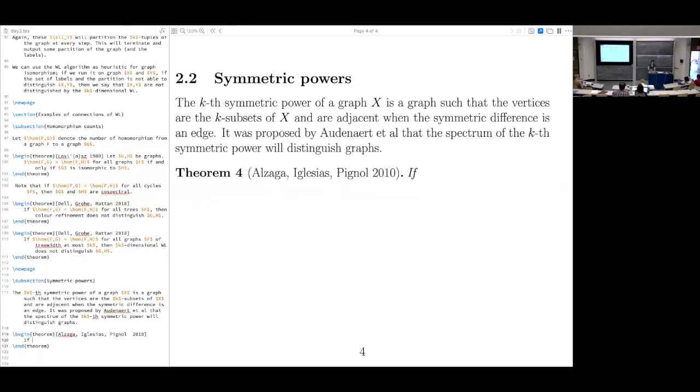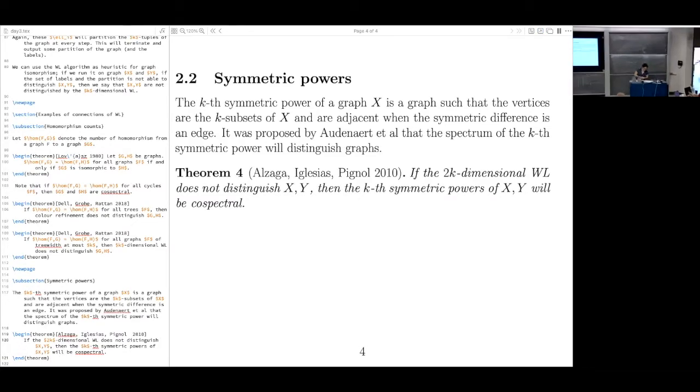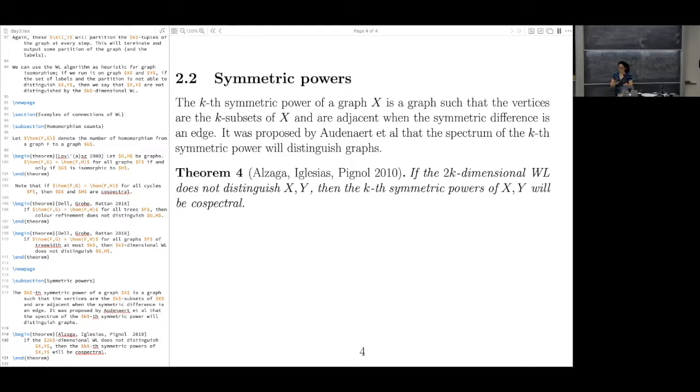Their result is that if the 2k-dimensional Weisfeiler-Lehman does not distinguish G and H, or maybe X and Y, then the kth symmetric powers of X and Y are cospectral. These are actually more complicated statements, but I've simplified them so that they are readable in terms of the Weisfeiler-Lehman algorithm and which dimension distinguishes which things.